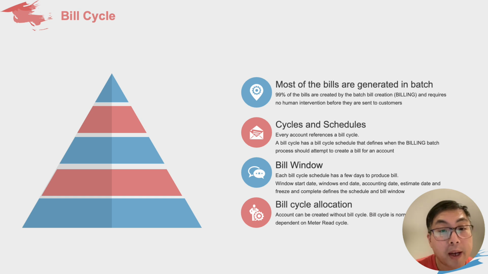And then we also have an accounting date, which means when the bill is completed, what is the accounting date we should set on the financial transaction. We need to stamp a date for that. And then last one is the freeze and complete, which means if it's ticked, if the bill is generated, the system will try to freeze it and complete it.